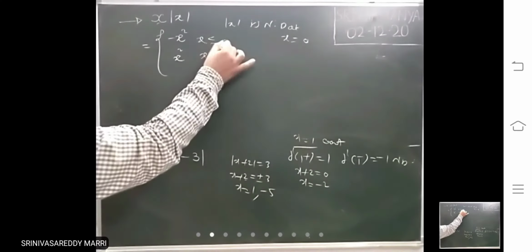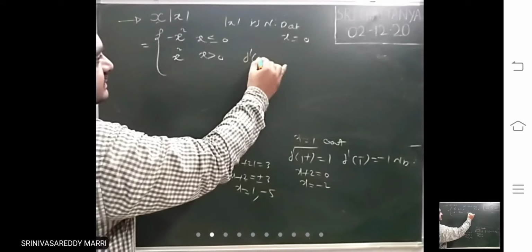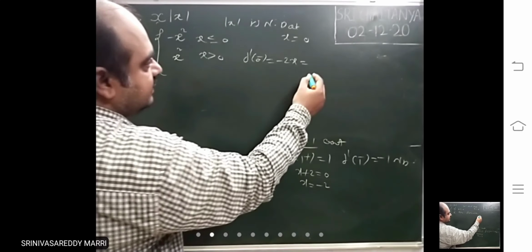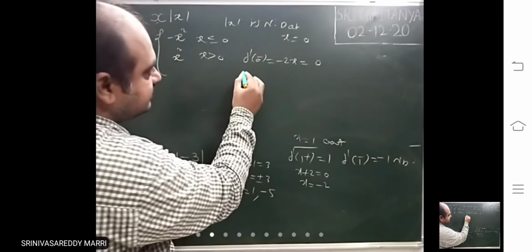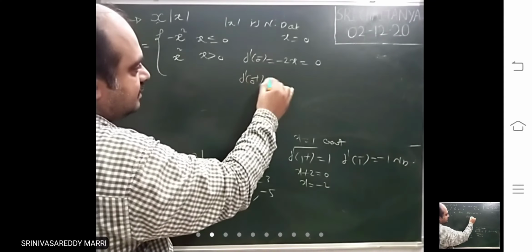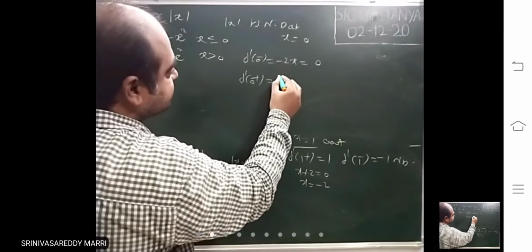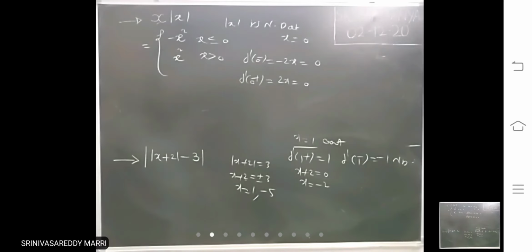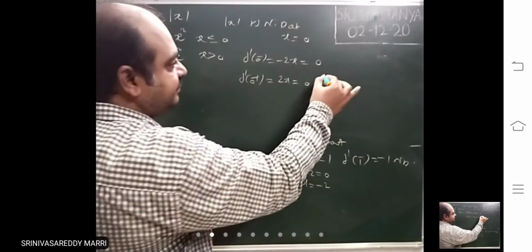So if you check f dash 0 minus is what? Minus 2x, this is 0. F dash 0 plus is what? 2x. This is 0. Actually, it is differentiable at x equal to 0.